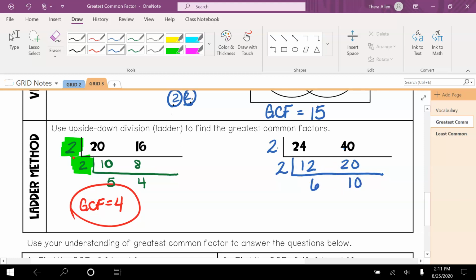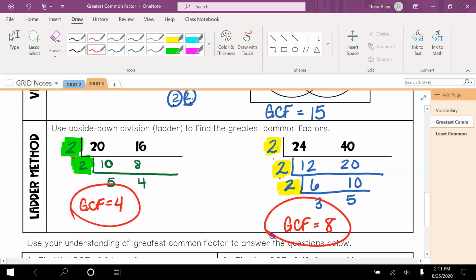Can anything go into 6 and 10? Yes, 2. So 6 divided by 2 is 3. 10 divided by 2 is 5. Can anything go into 3 and 5? No, it cannot. I'm left with 2 times 2 times 2 to get my greatest common factor, which equals 8.